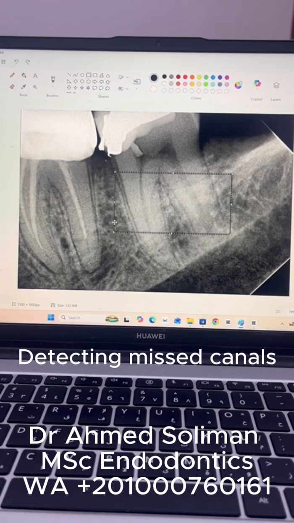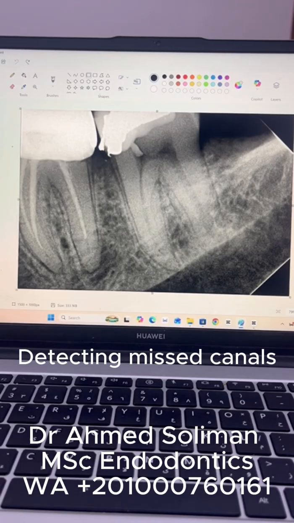Why? Because it is the least likely site for variations. In the apical part you will have a lot of variations. In the coronal part you may have two orifices, two canals, maybe three canals, but the real deal is this middle third for me.